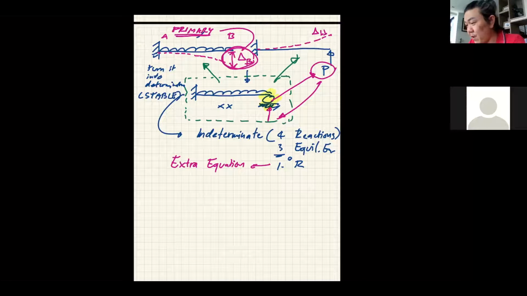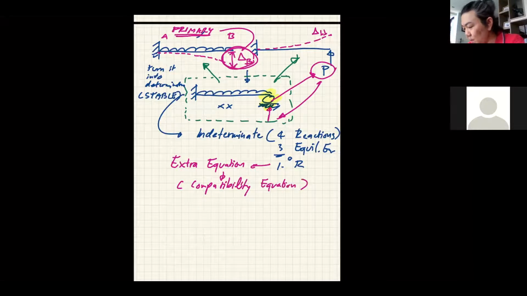Okay, so from this primary structure, I can achieve my extra equation, which we call the compatibility equation.